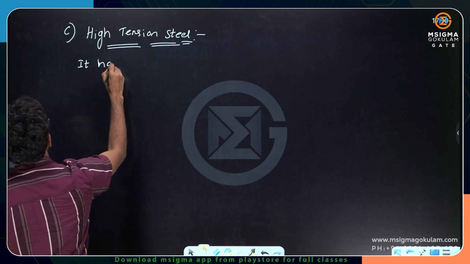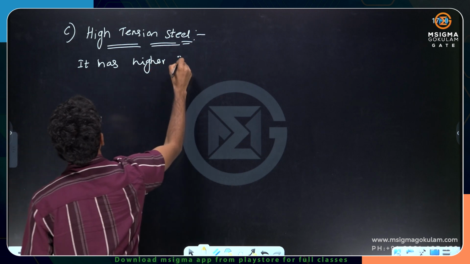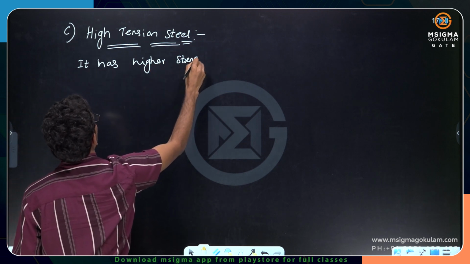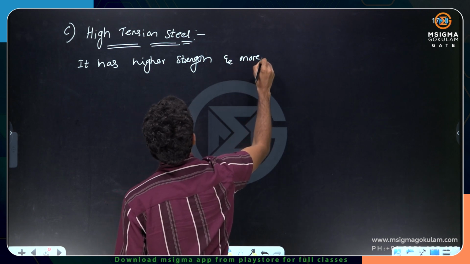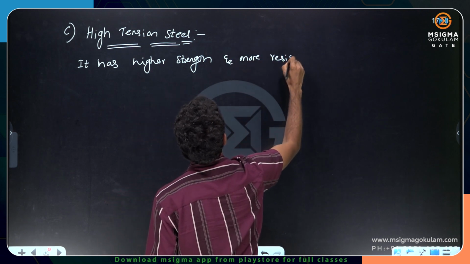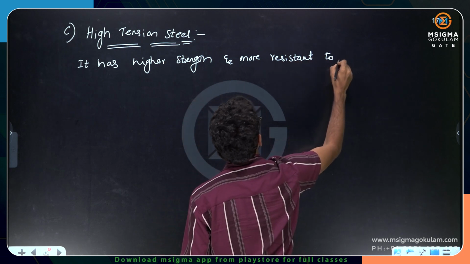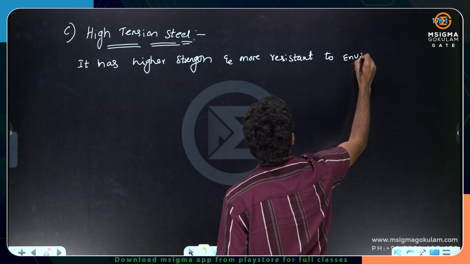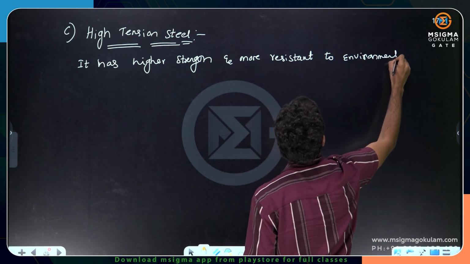High tension steel has the highest strength, and it is more resistant to environmental action.